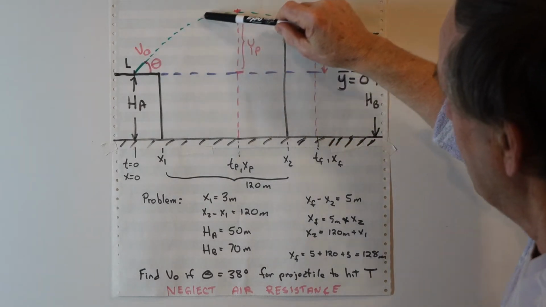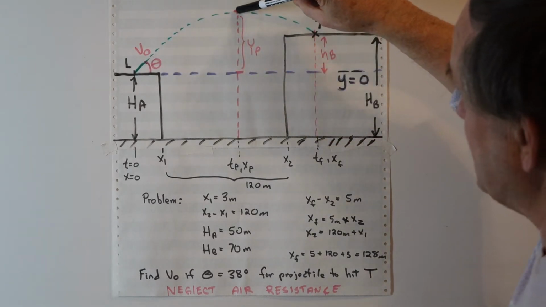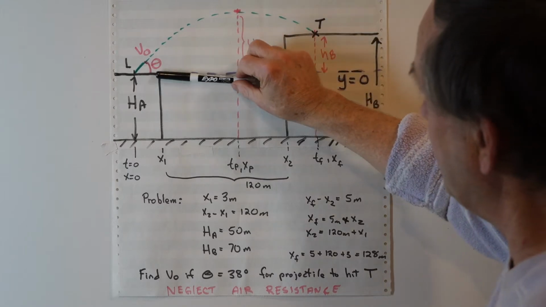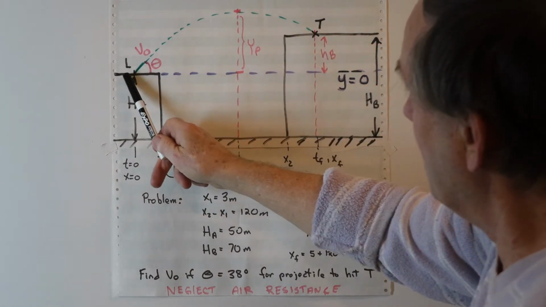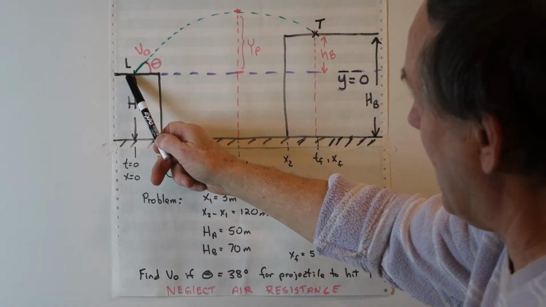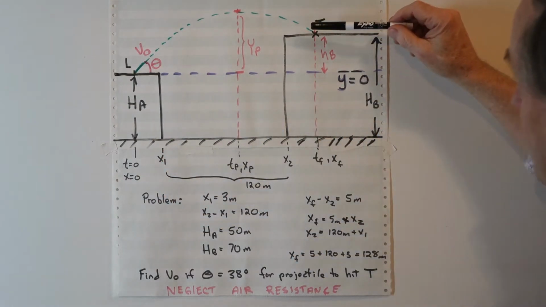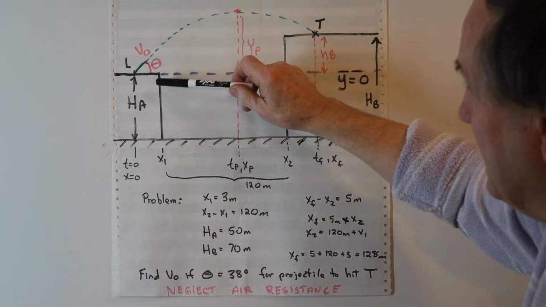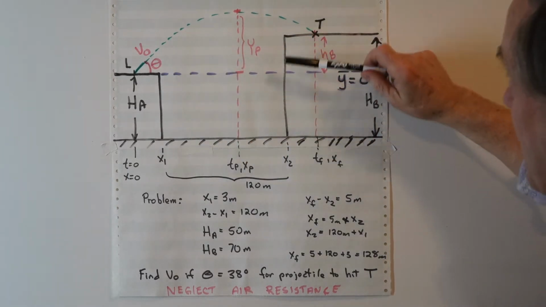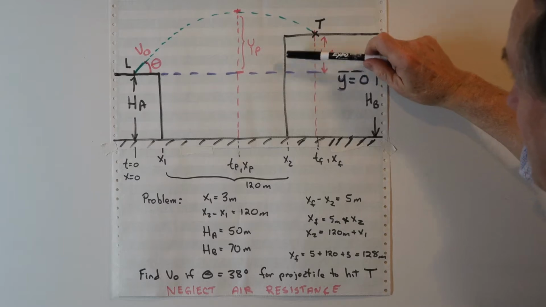So, the projectile will reach a height yp with respect to my y-axis. I'm setting up the y-axis as the height of building A. What only matters here really is not the absolute heights of the buildings, but the height differential.